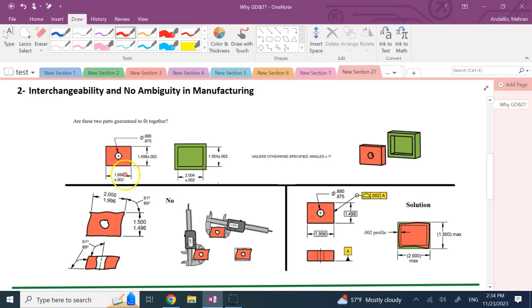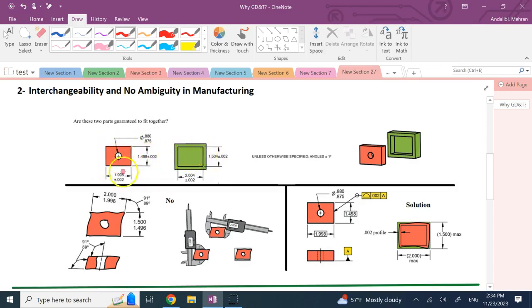Right, so clearly you see this is smaller than that. And in the height, similar thing, 1.948 plus minus 2000, 1.504 plus minus 2000. So you see clearly it's a loose fit, and the red should definitely fit inside the green, and I have some diameters too. Well, it does as long as what?